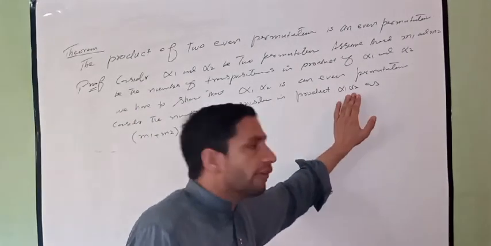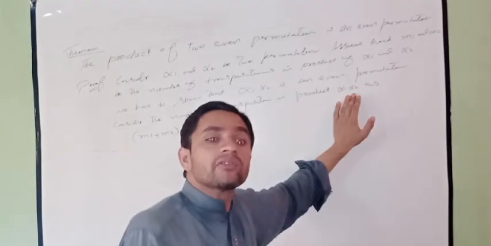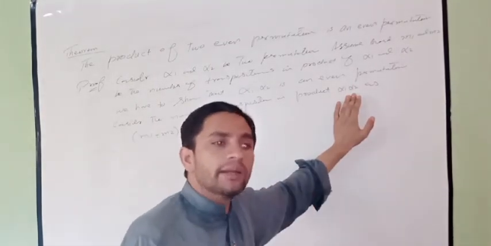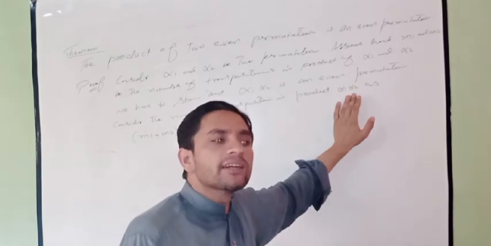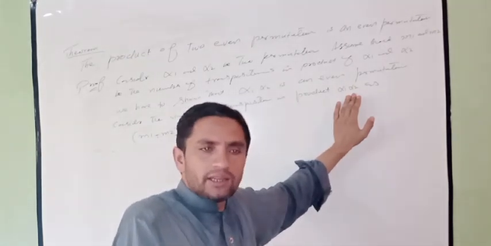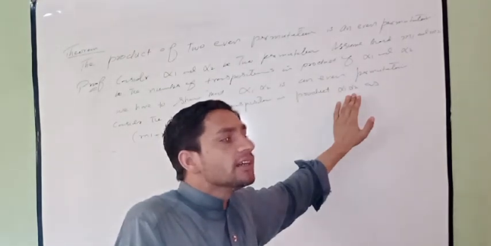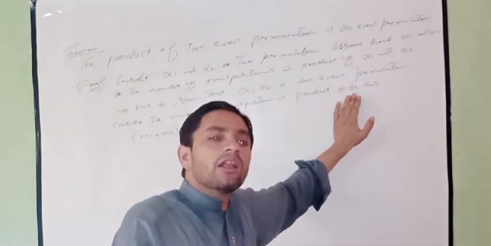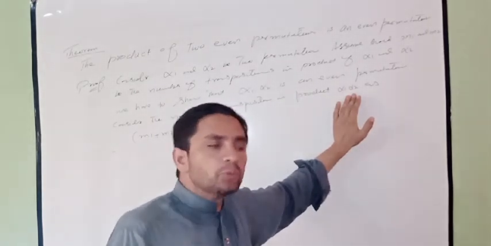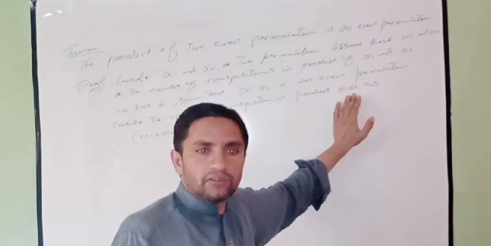The product alpha 1 alpha 2 contains a number of transpositions equal to the sum m1 plus m2 minus 2k, where 2k is a number which is always adjustable after simplification for the number of transpositions in the product alpha 1 alpha 2.